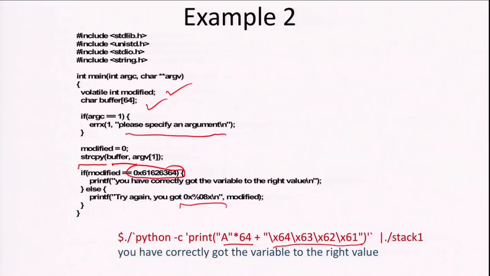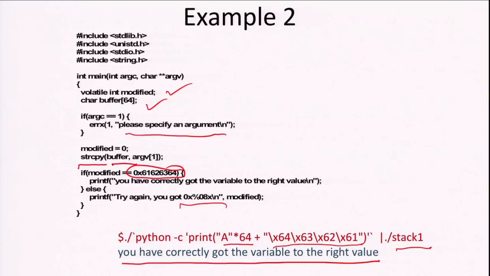There is a reason for doing this, and we'll explain that later, because here we are looking for 61, 62, 63, 64, and here we have that in the reverse order. And then we basically take this string, its command line argument, and pass it to this executable from this program, and this executable is called stack1, and you will see that you will have changed the variable modified to that specific value.